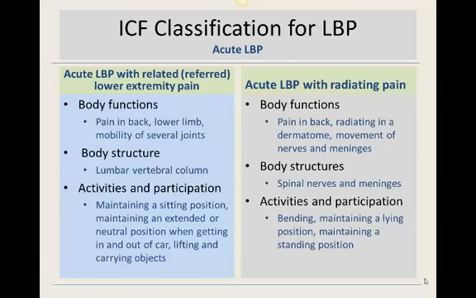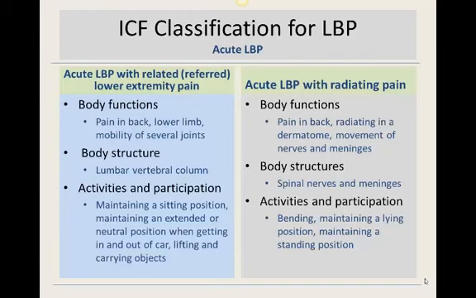Patients may have a difficult time maintaining a sitting position, maintaining an extended or neutral spine, may have difficulty getting in and out of a car, and lifting and carrying heavy objects. This classification may be similar to a directional preference classification scheme.